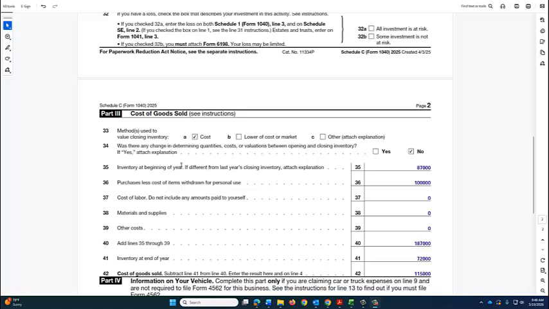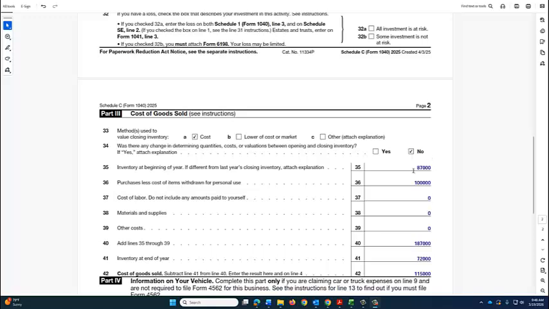We were told the beginning inventory was $87,000 and that she purchased additional inventory of $100,000. She did not have any cost of labor, materials, or any other costs.